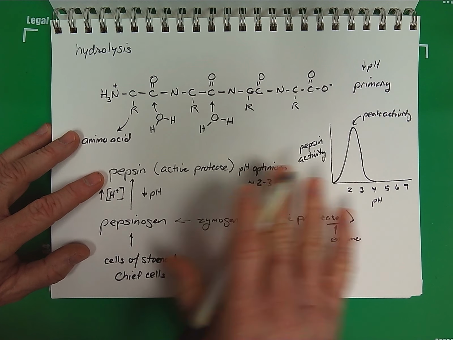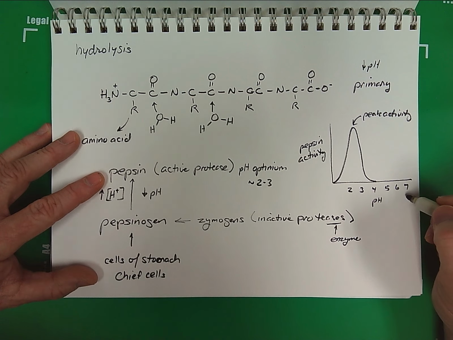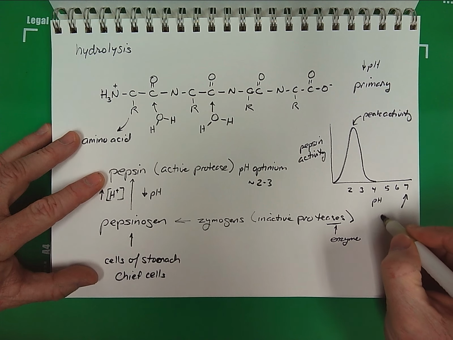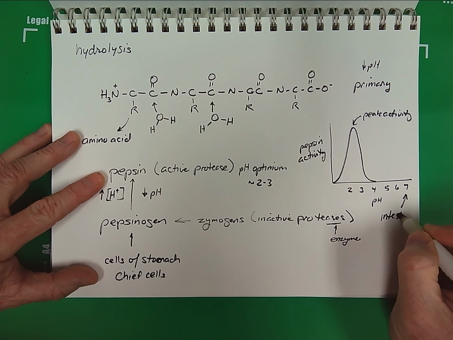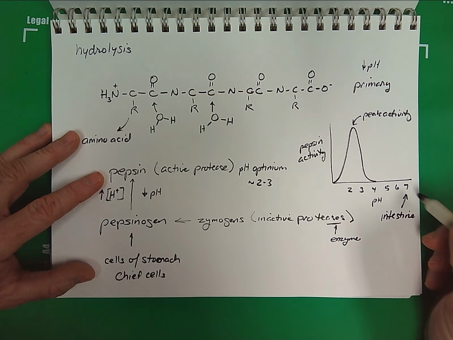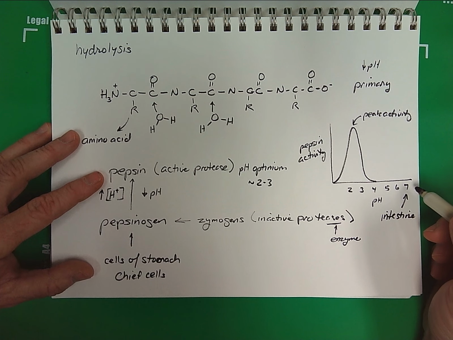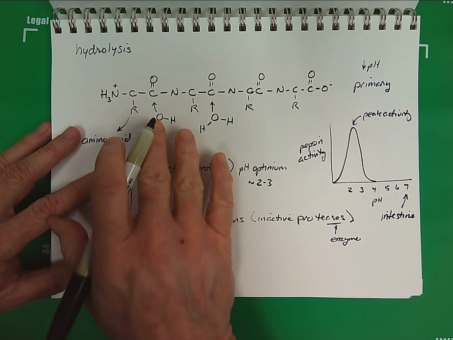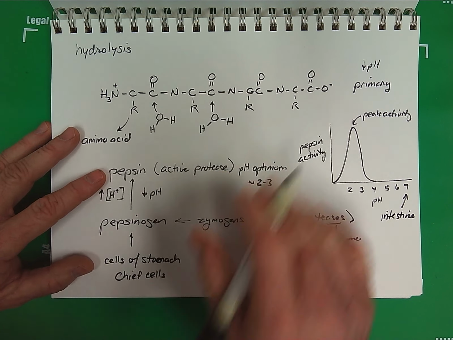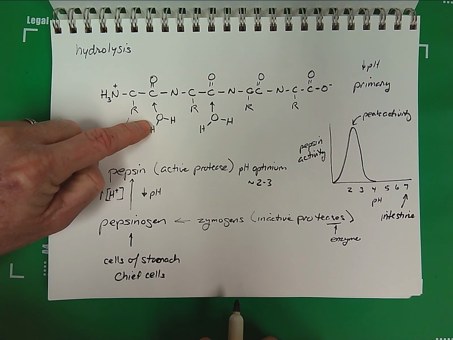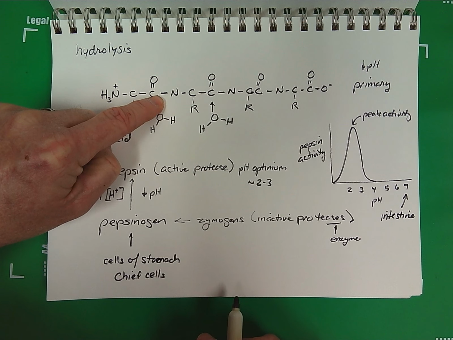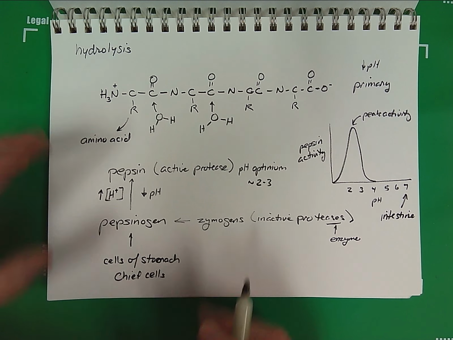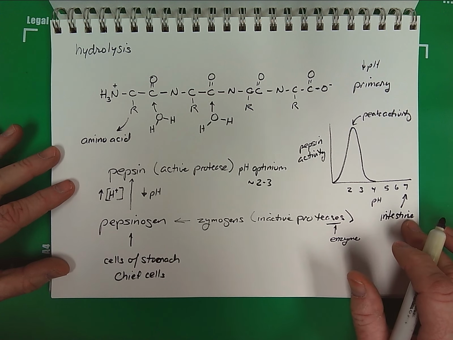The reason this is so important is because this is the pH of the intestine, neutral pH. So once the digestion occurs in the stomach because of the acid-mediated denaturation of your protein, pepsin-mediated hydrolysis of the peptide backbone to release amino acids, then all of that material is shifted into the intestine.